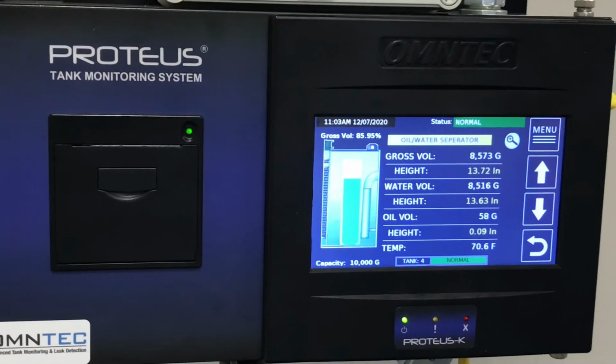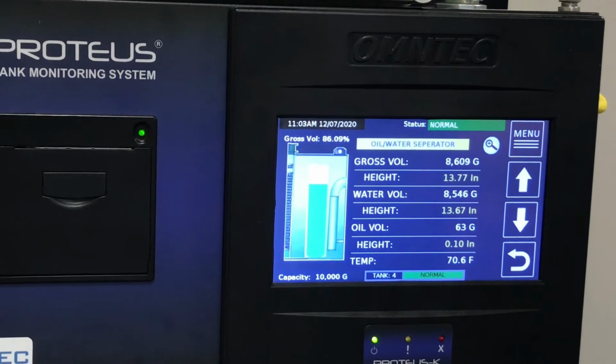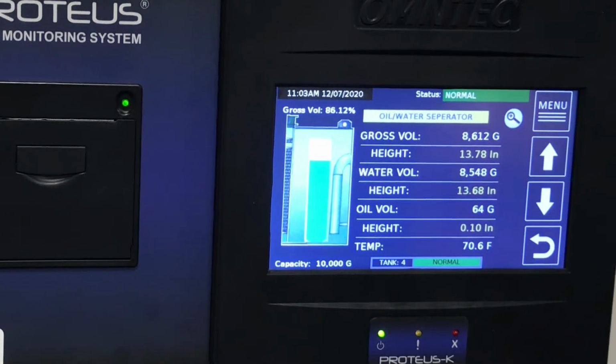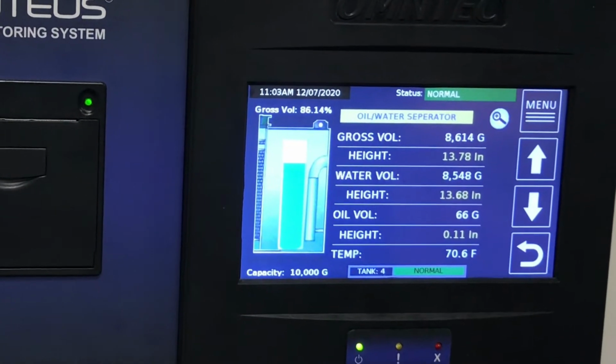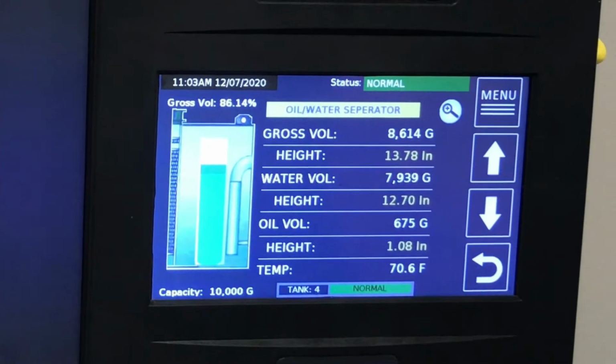Okay, so I'm in a normal level range now, and what would happen is now as oil starts to introduce and starts to build up in the tank, as your bottom float goes down because it's separating, we'll see that the height of the oil is increasing.